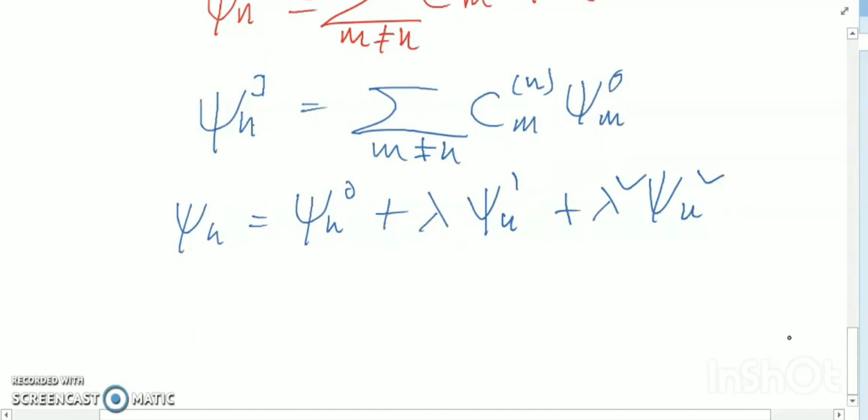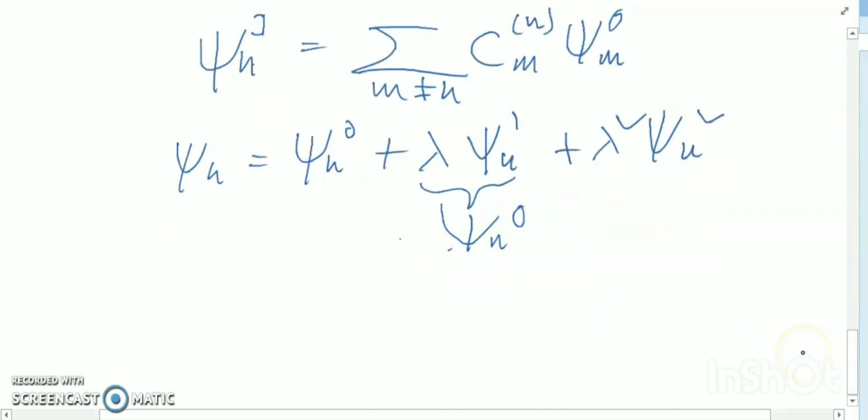The term psi n0 is already there. Since the wave functions are not normalized, it does not really make sense to have a second term like this one.